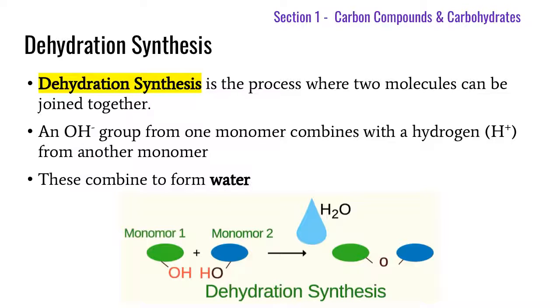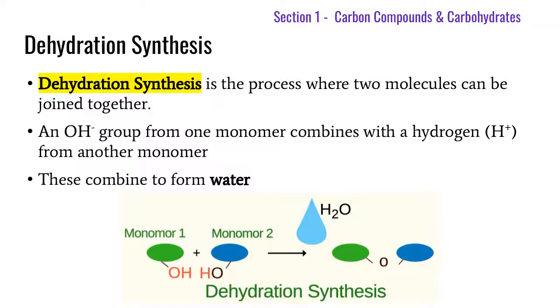So how do we go about polymerizing these monosaccharides and building them up into bigger disaccharides or even bigger polysaccharides? We use a process called dehydration synthesis, and this is a process where two molecules can be joined together. What we're going to do is we're going to take an OH or hydroxide group from one monomer and combine it with a hydrogen from another monomer.